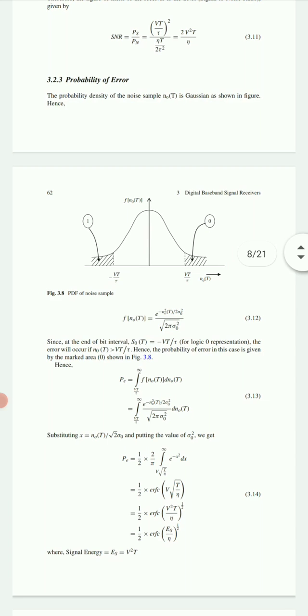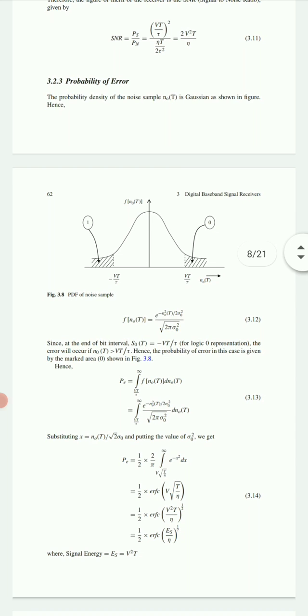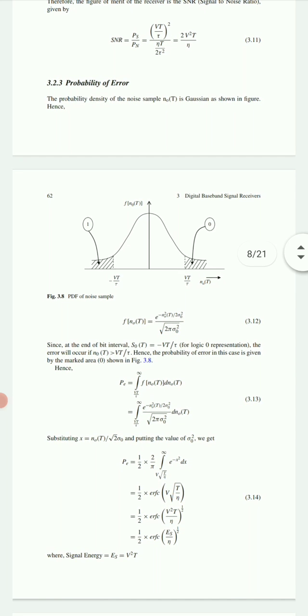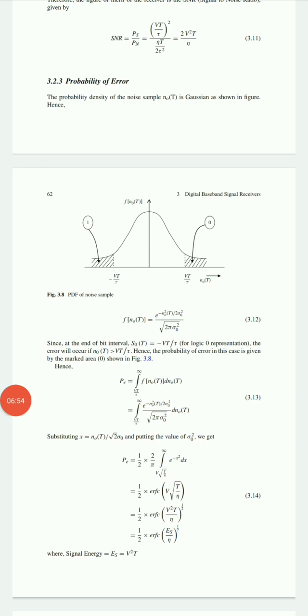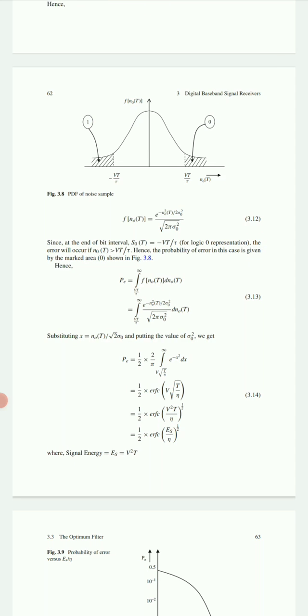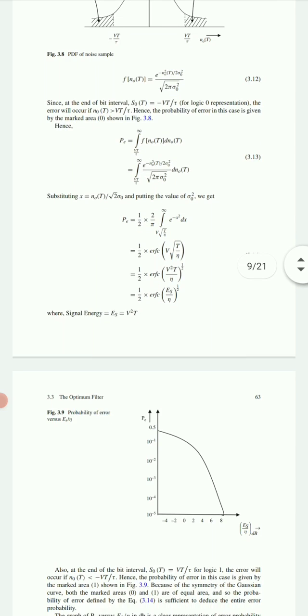The probability density of the noise sample N naught t is Gaussian. The probability of error is equal to the integration from minus V T by tau to infinity of f of N naught t d N naught t. If you solve, you will get 1 by 2 erfc of (Es upon eta) raised to 1 by 2.